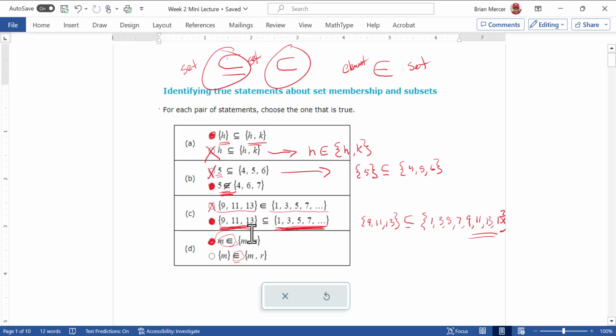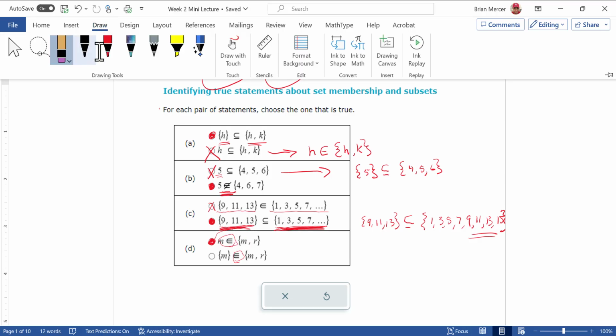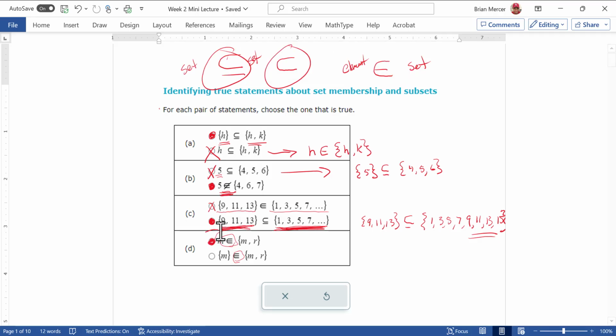The reason this other one is not true is because it says the set containing M is an element of the set containing M and R, and that's not a true statement.